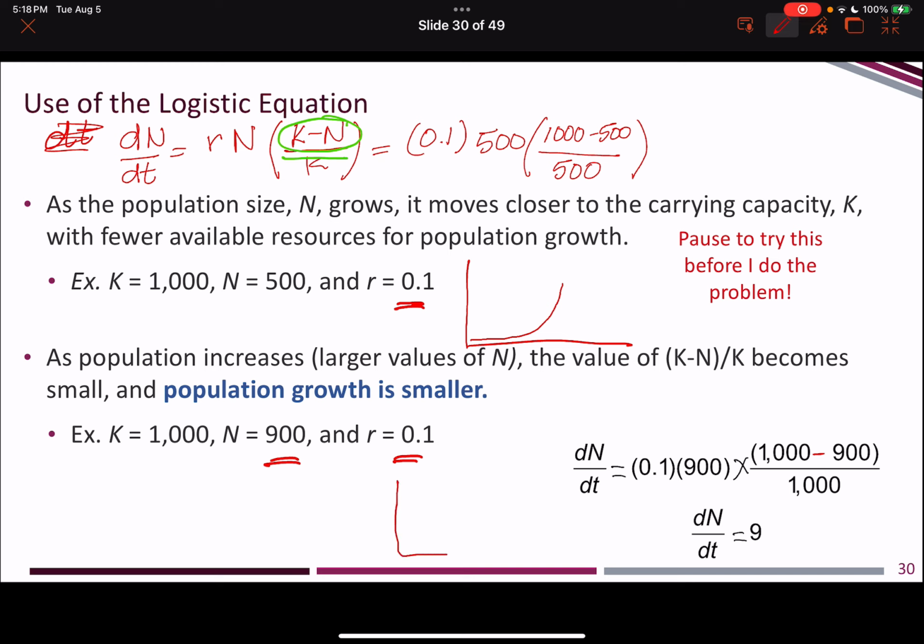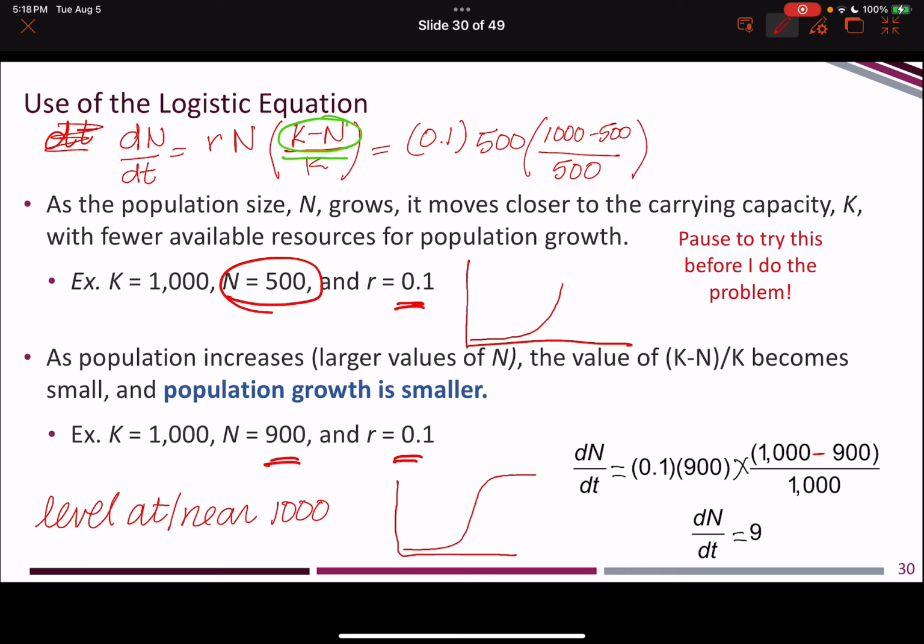Probably what's happening here is that we're going to be shifting somewhere between these population size values, and we're getting closer to that carrying capacity. And so as we get closer to that carrying capacity, the population size is going to level out. And eventually what we're going to see is that this population should level at or near 1,000.